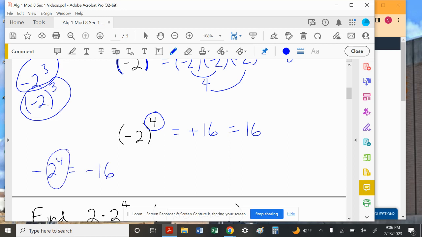Because we take care of the exponent first, and then we multiply it by negative 1. Okay, in this case, we don't do that because the whole thing is to the fourth power. So this is, again, really just negative 2 times negative 2 times negative 2 times negative 2. And, of course, this becomes positive, this becomes negative, and this becomes positive when we do the multiplication through the numbers.